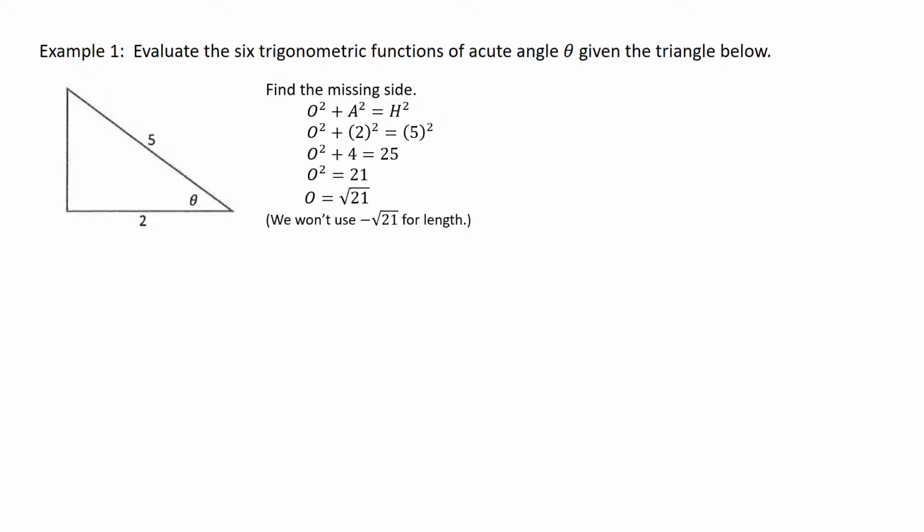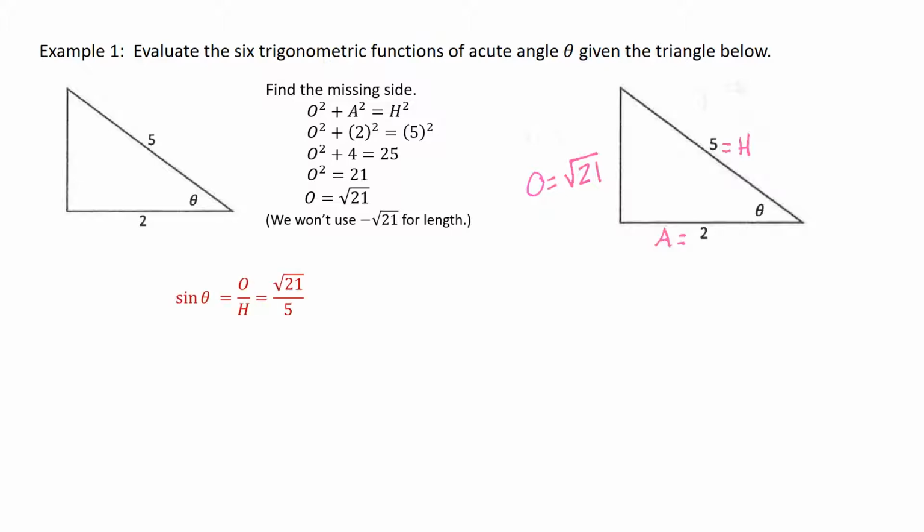So the opposite side would have length root 21 or negative root 21, but we won't use a negative for the length of the side of the triangle. So the opposite side is root 21, and that allows us to fill out all 3 sides of our triangle. Now we can apply our ratios to find the trigonometric function values.